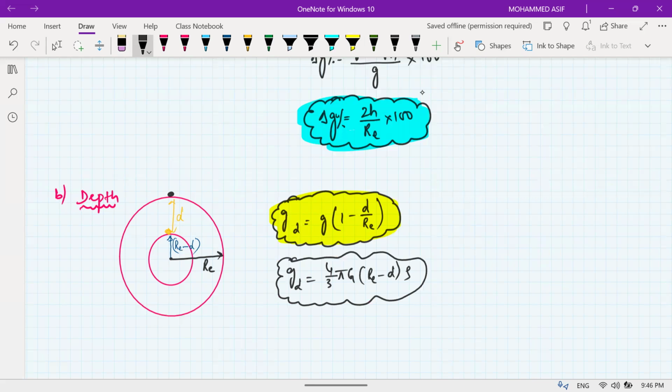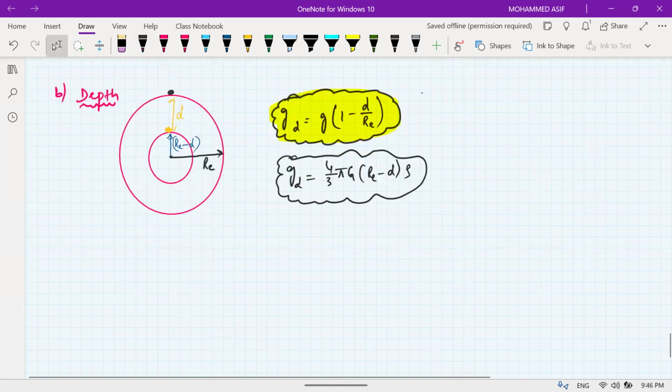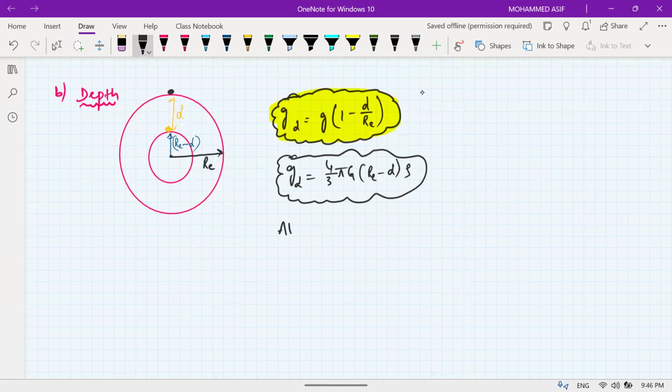Clear? Now see, at the center of the earth, d value will be equal to the radius of the earth. Isn't it? So g at the center will come out to be 0.